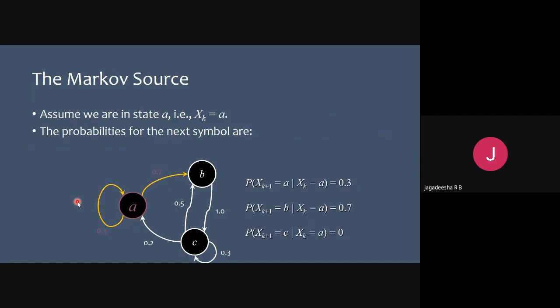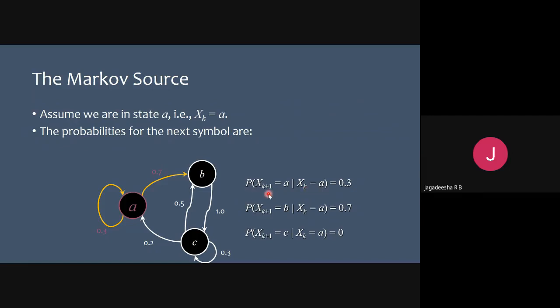In this slide, we have shown it in more detail. This is the same figure, but more clearly. P of x k plus 1 is equal to A, given x k is equal to A. What is this representation? This is called a conditional probability.